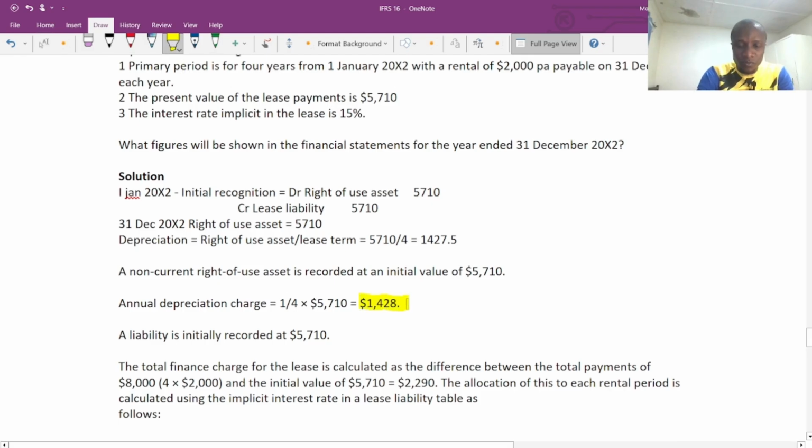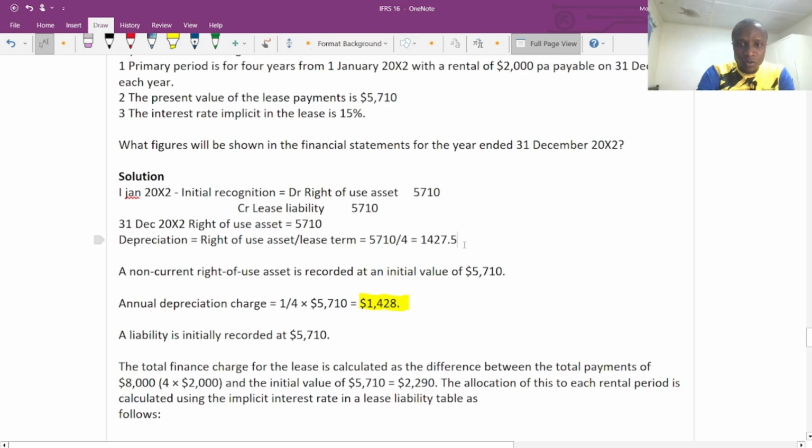So now, the difference between the depreciation and the right of use asset will be the value of the right of use asset at the end of December 20x2.